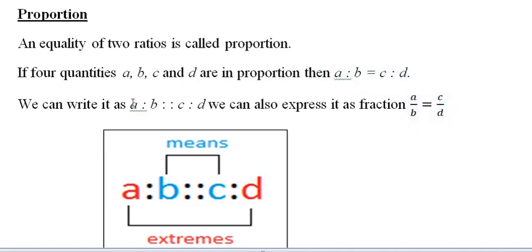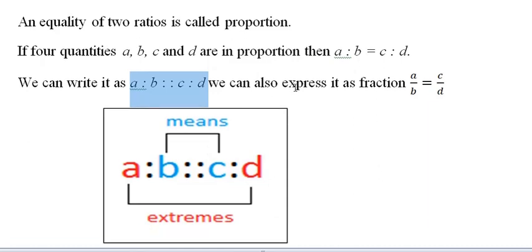And we can also express this as a fraction, that is A by B is equal to C by D. This is a proportion, okay? When we write two equal ratios as a proportion, we get some parts. As you can see in this picture, both A and D are lying outside, isn't it?